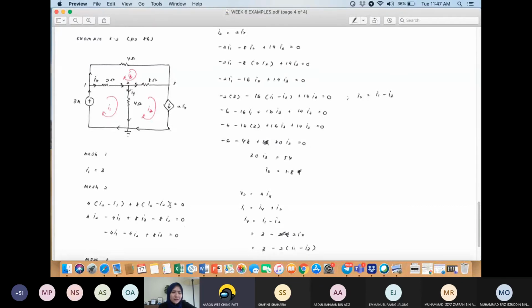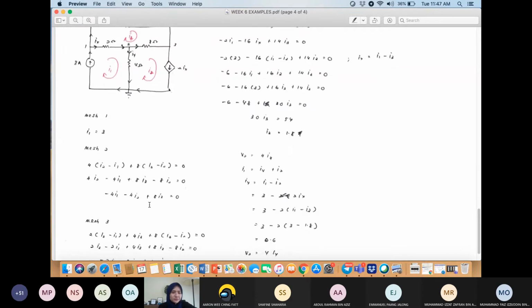Yeah, I2 minus I3, I think this one. So please correct this one, I2 minus I3. So you will get this equation.